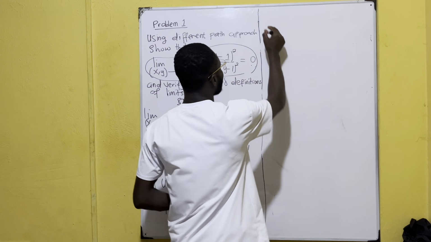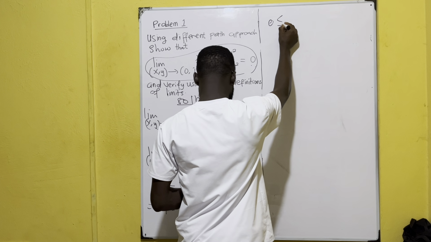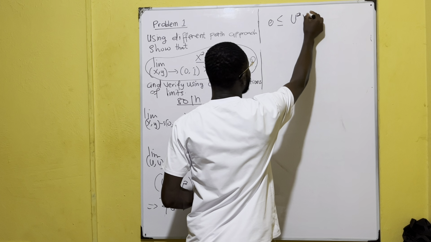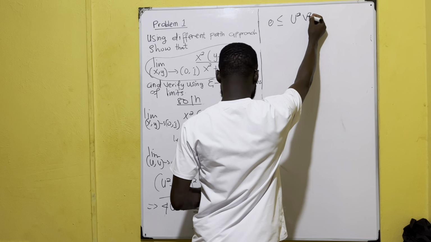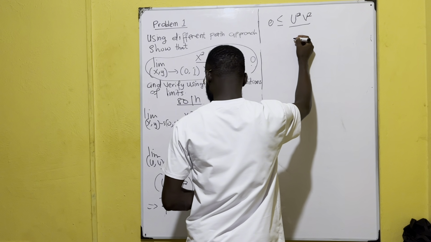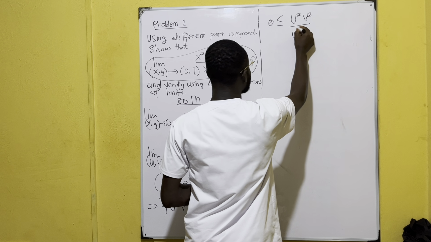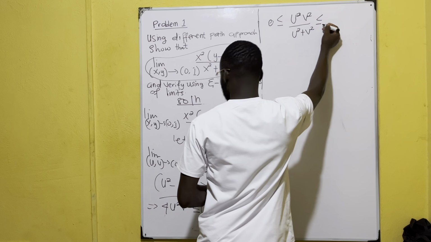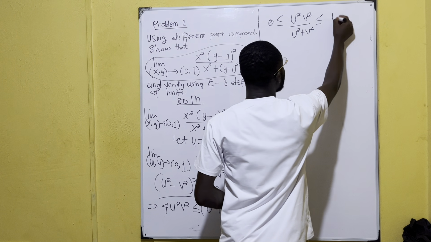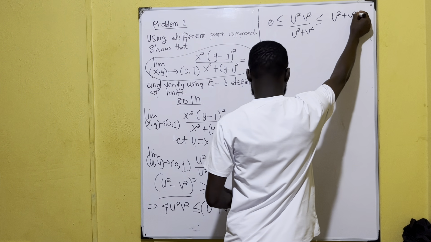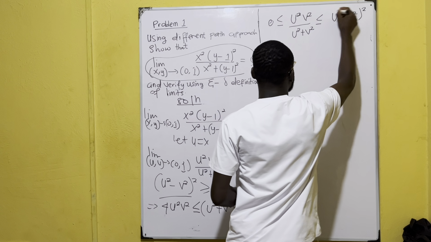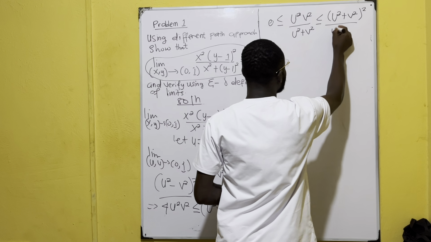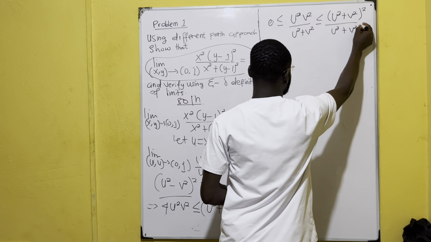So we have 0 less or equal to u squared v squared divided by u squared plus v squared, less or equal to u squared plus v squared, all squared, divided by u squared plus v squared.